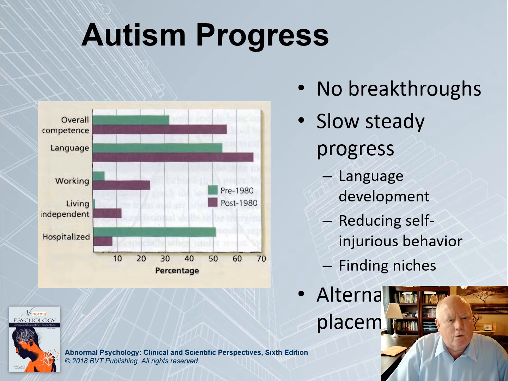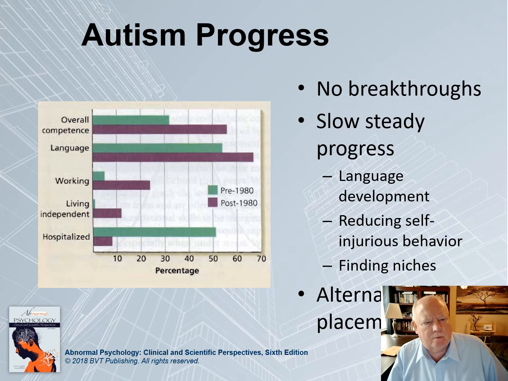In terms of overall competence, we get much higher levels, almost double the level of overall competence now compared to before Lovaas. We get some improvement in language, not a lot, but some improvement. That's particularly interesting because Lovaas focused initially almost exclusively on language development.